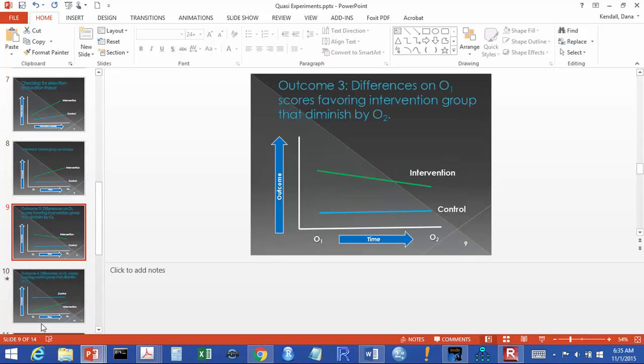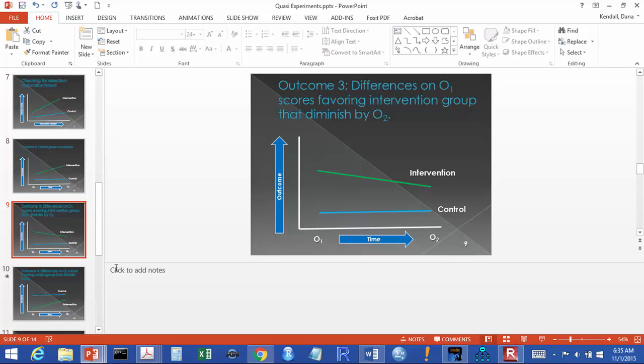Okay, moving along, outcome number 3 is that the intervention group takes a little bit of a tumble and the control group remains stable.